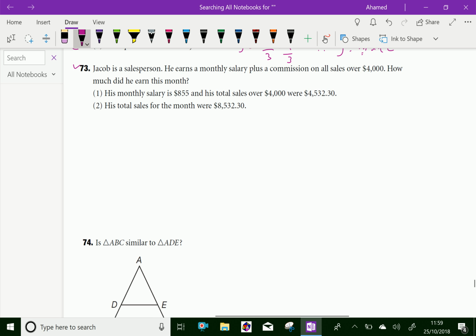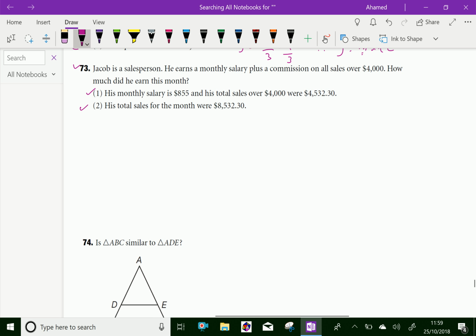Statement 1 says his monthly salary is $855 and his total sales over 4,000 were $4,532.30. Here, in statement 1, there is no information about the commission, meaning what percentage of commission is given. So statement 1 cannot be used here.